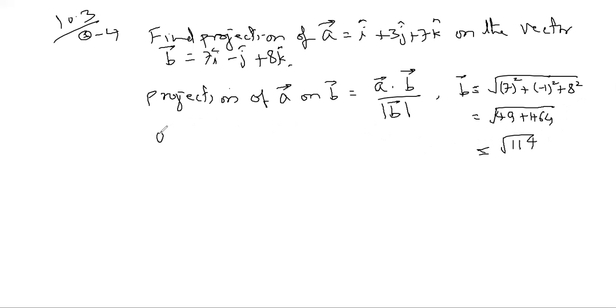Now find A dot B. A is i plus 3j plus 7k, dot 7i minus j plus 8k.